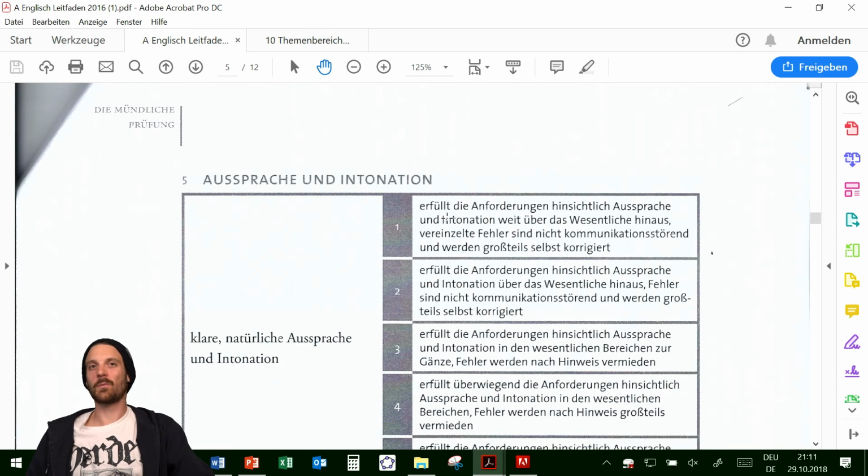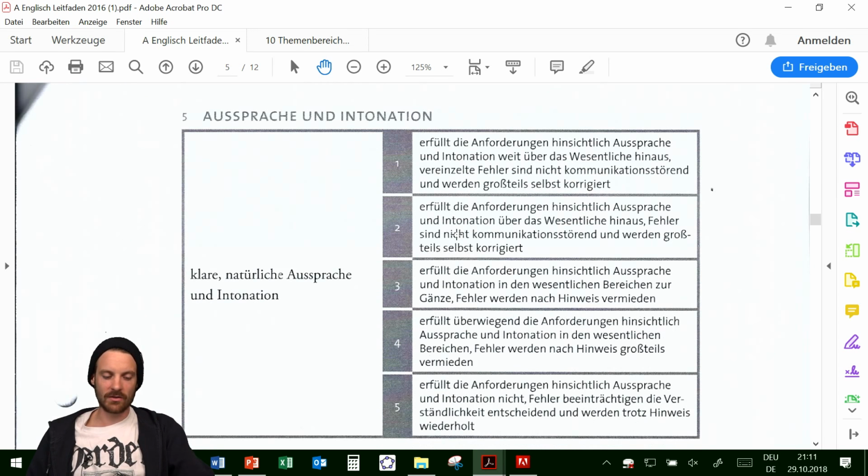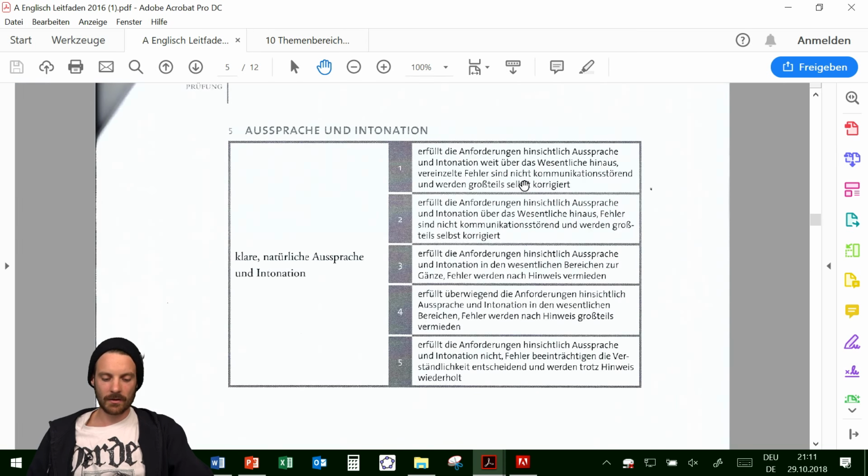Doesn't matter. You should know which level you have to reach in order to successfully pass the oral exam. And of course there is intonation and pronunciation. Very important.